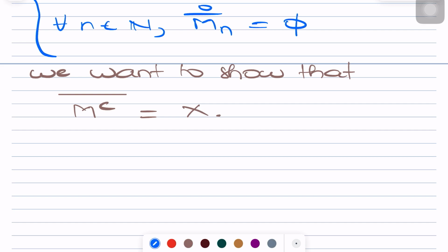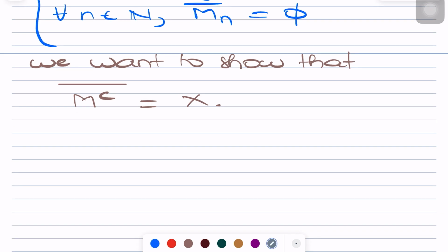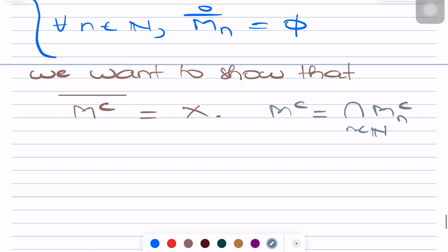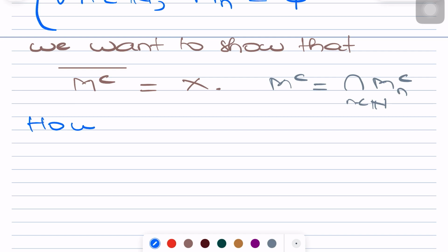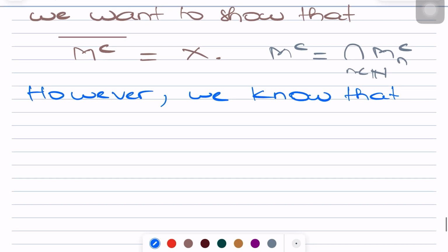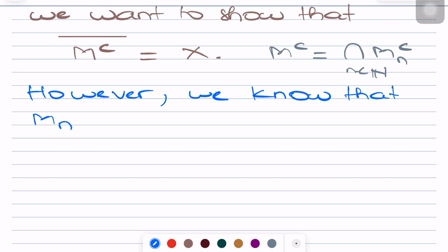Well, M complement is nothing less than the intersection of Mn complement. The complement of the union is the intersection of the complements of the sets. However, we know that a set is always contained in its closure, for every n.